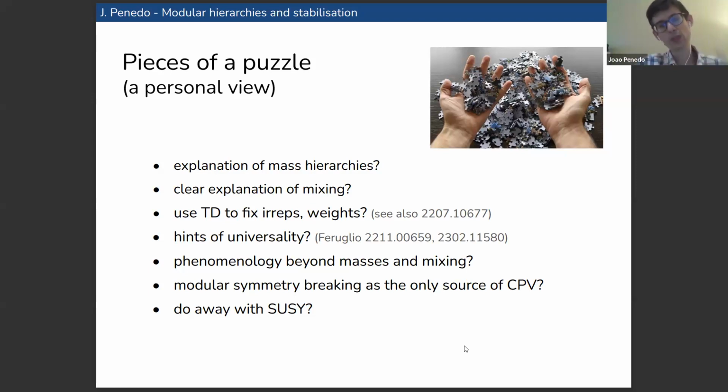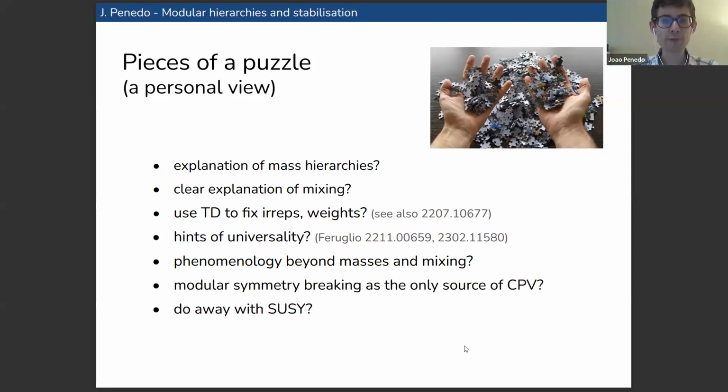So not just fits numerically, but really understand the connections. I don't think this is yet clear. I mean, people either put texture zeros because they want texture zeros, or they fit without caring what is really happening. I mean, if you fit, you fit.